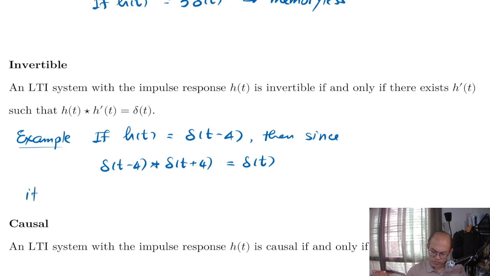It follows that the inverse system h prime is delta t plus 4, and this system is invertible.